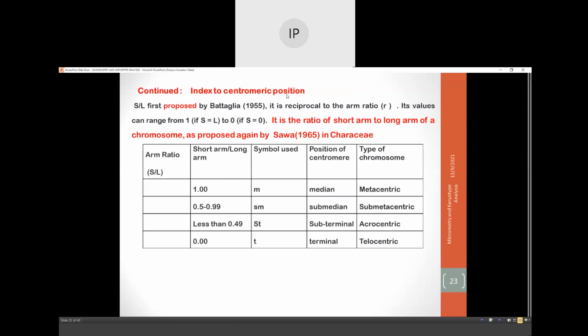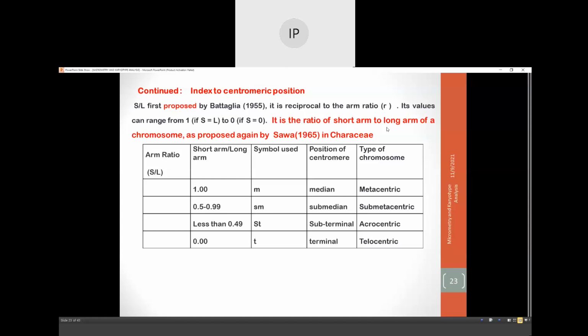Then it is continued. Index to centromeric position can also be taken as short arm by long arm, which was first proposed by Battaglia 1955. It is reciprocal to the arm ratio. Its value can range from 1 if short arm is equal to long arm to 0 if short arm is equal to 0.